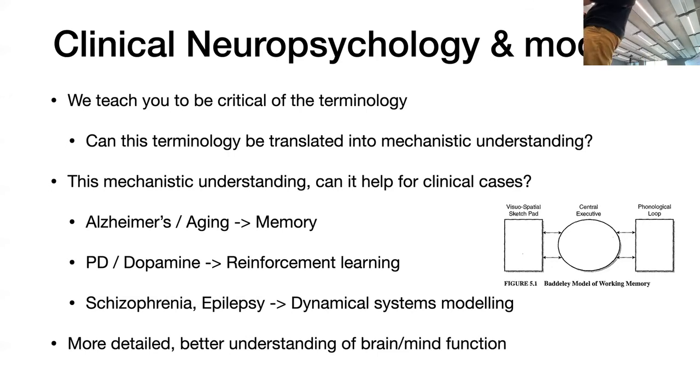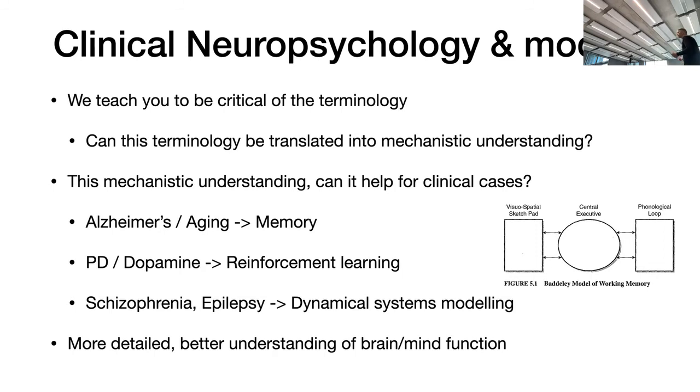So the idea here is that when we use these models, we hope to gain a deeper understanding of how the brain functions and how disorders of the mind also work. And only then can we really start to, for example, create drugs that attack a specific part of the mechanism that we know is going wrong.